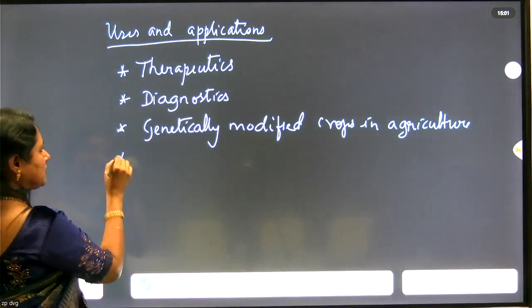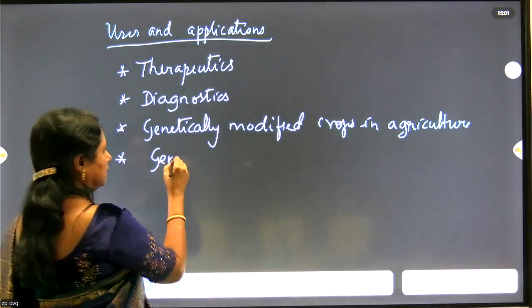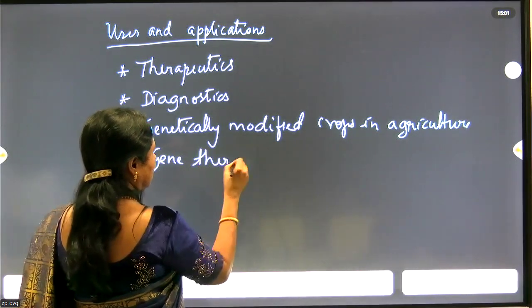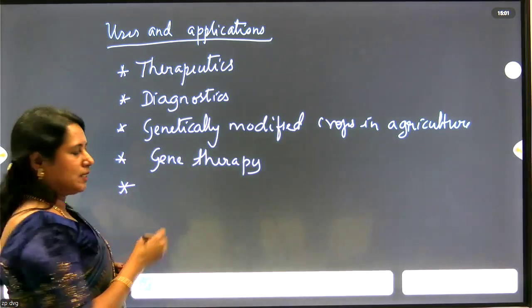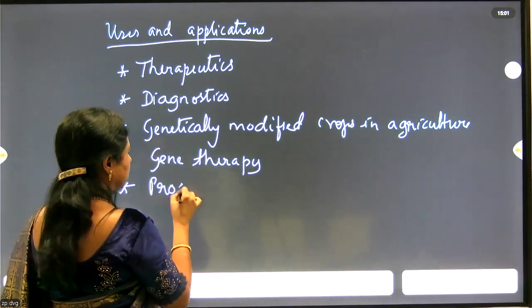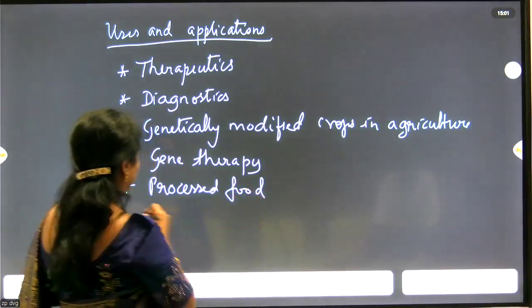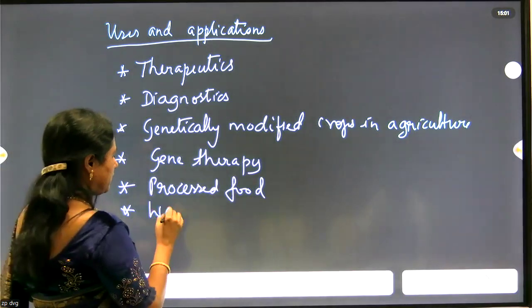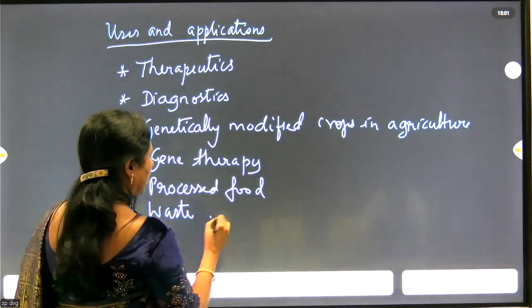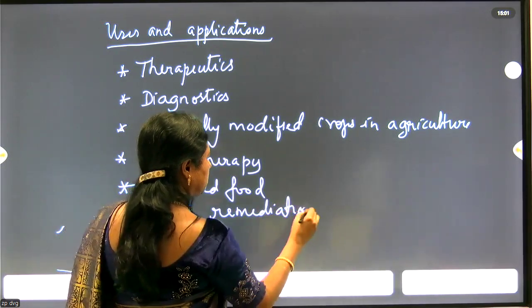And next, it is used in gene therapy. And this technique is also used in processed food. It is also used in waste management, that is also called waste remediation.